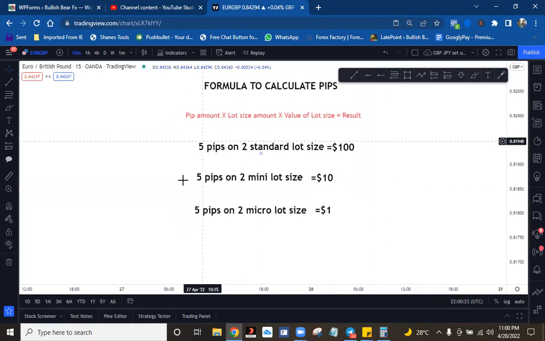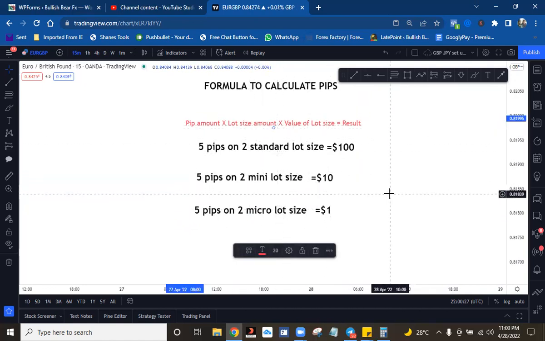With this, you already understand the simple formula to calculate your pip. If you decide to go out there and start taking trades, you don't need somebody to tell you how much you're risking per lot size that you're using.